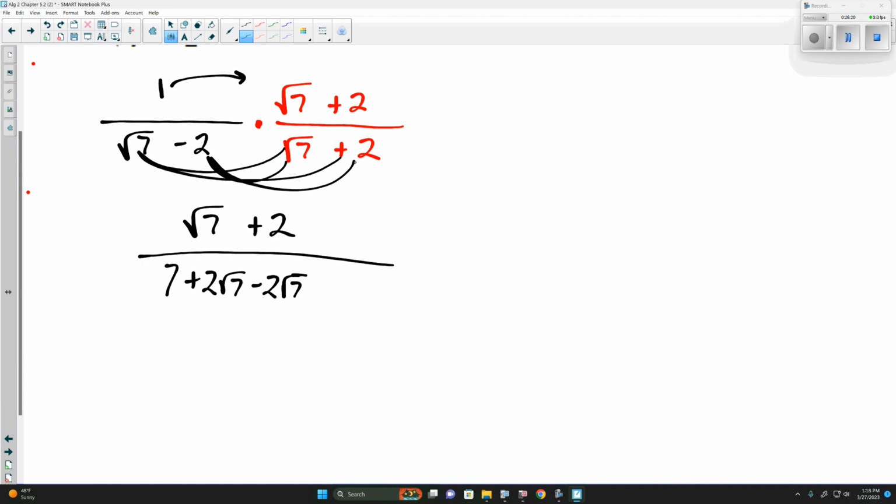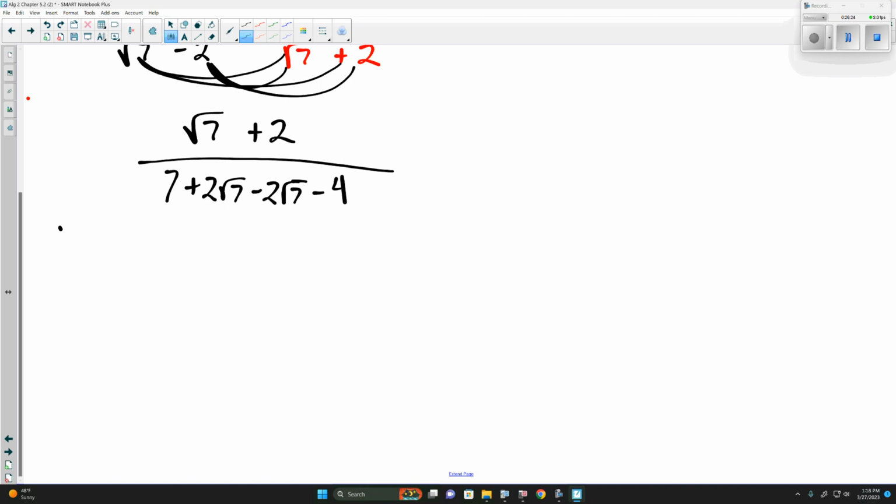And negative 2 times 2 is negative 4. These here will cancel, leaving us with 3 on bottom, and square root of 7 plus 2 on top. And that's it.